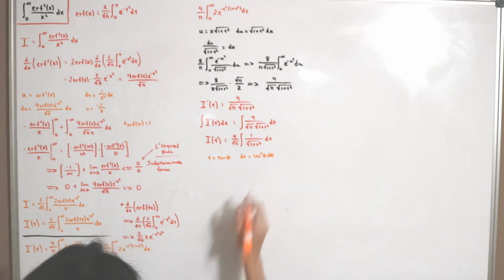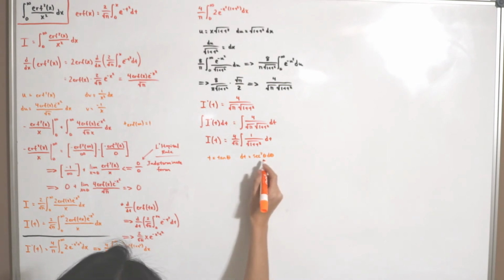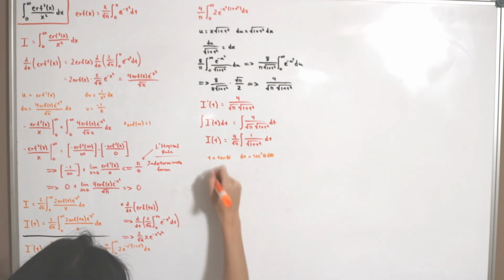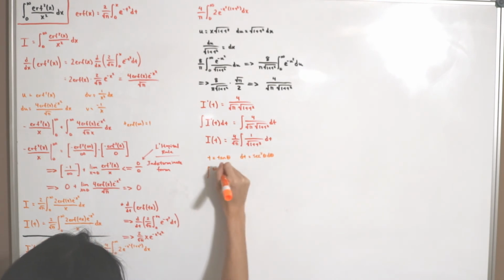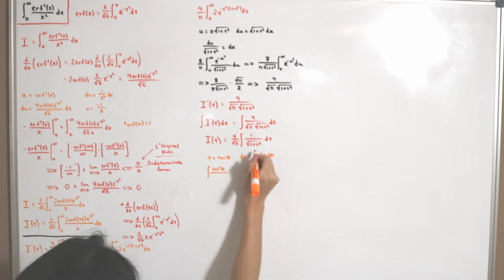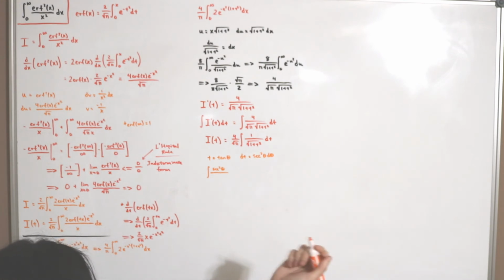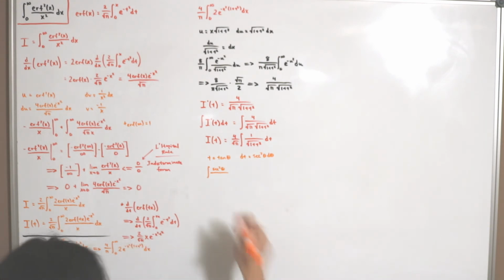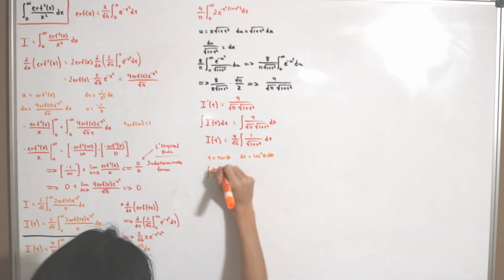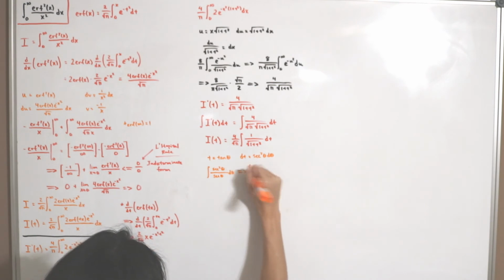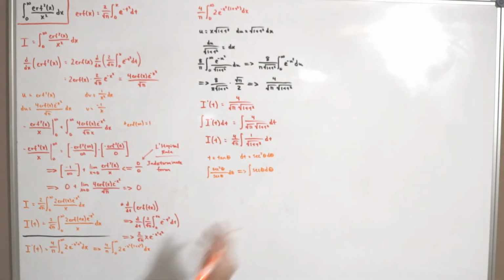Now that we have the pieces we want, I'll plug back in. So dt is secant squared theta, and then 1 plus tangent squared theta is equal to secant squared theta. That's just one of the trig identities. Take the square root of that, we get secant theta d theta, and then they cancel, so we're just left with secant theta as our indefinite integral, and we just have to integrate that.